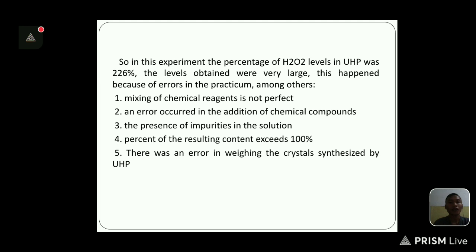An error occurred in the addition of chemical compounds. 3. The presence of impurities in the solution. 4. The resulting content exceeds 100%. 5. There was an error in making the synthesized UHP crystal.